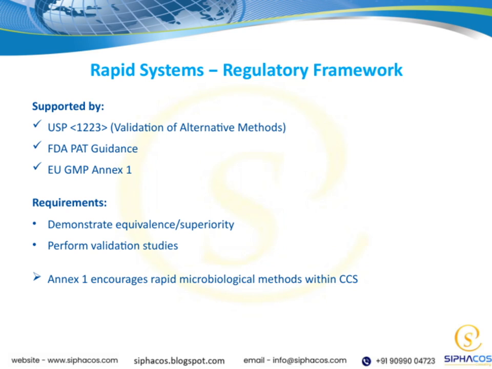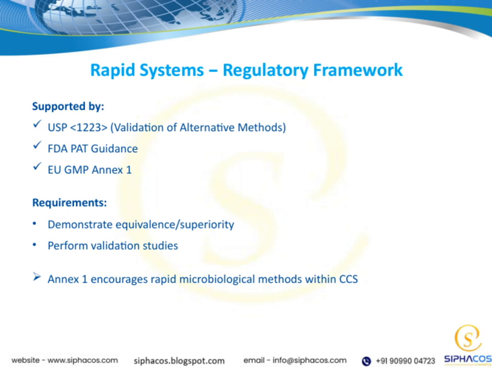Well, first, you need to demonstrate equivalence or even superiority of your rapid methods compared to traditional ones. This is crucial for regulatory acceptance. Second, performing validation studies is essential. These studies provide the evidence needed to show your methods are accurate and reliable. It's interesting to note that Annex 1 actually encourages the use of rapid microbiological methods within the Contamination Control Strategy, or CCS.